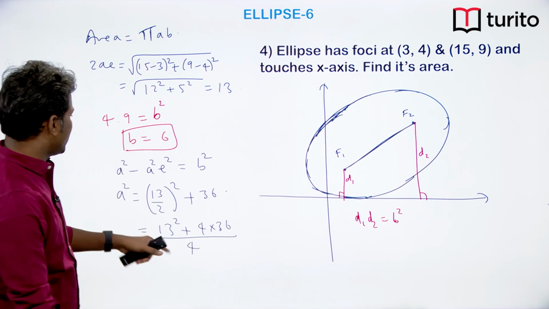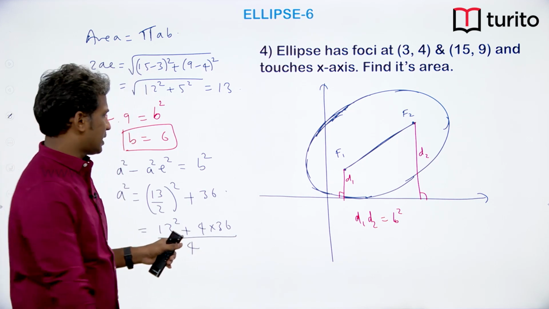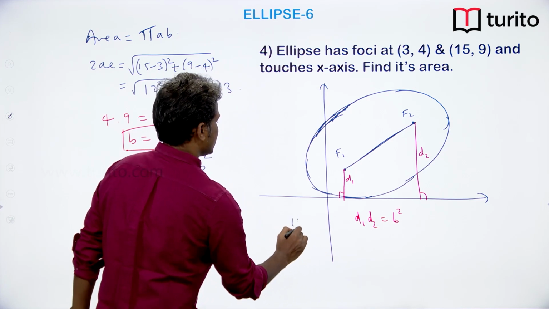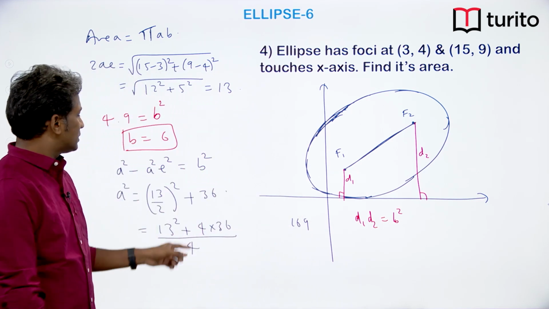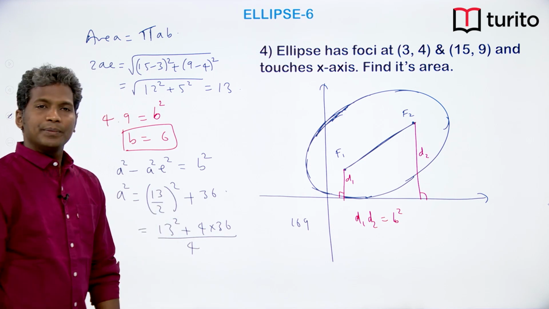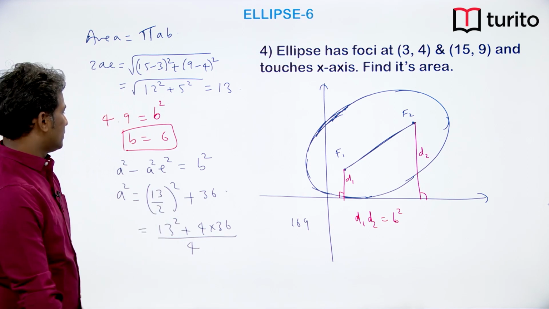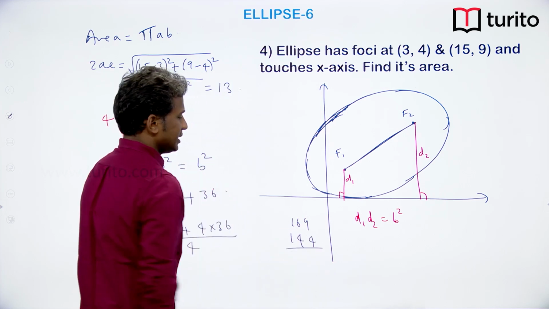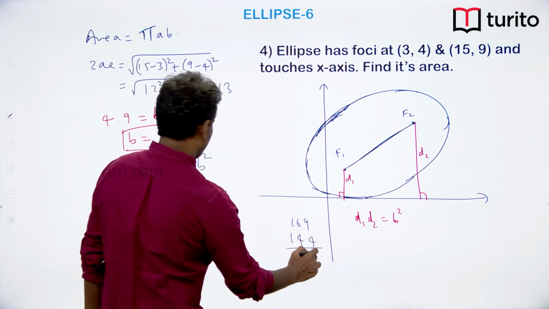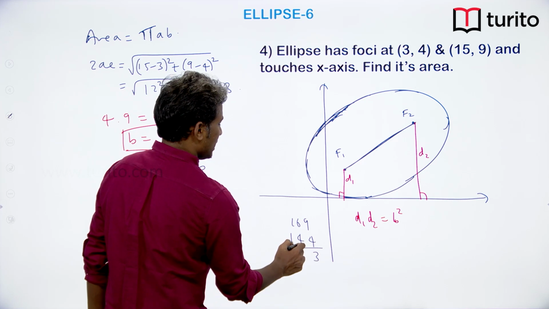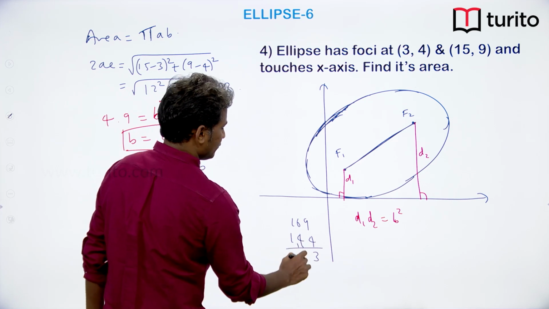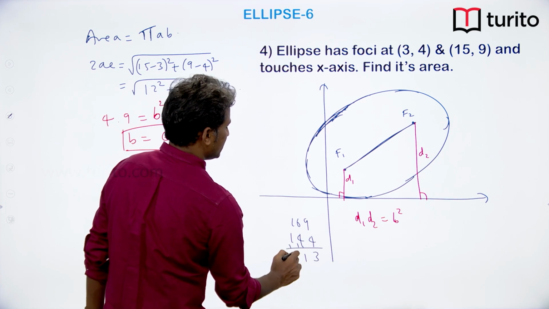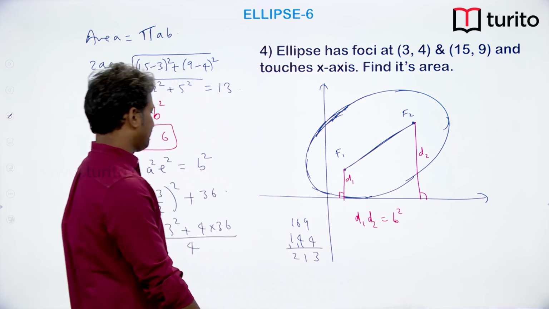Now 13 square is going to be 169. So let us do some rough work here. 169 and 36 into 4 is going to be 144. So when we simplify these, what do we get? We get 213.